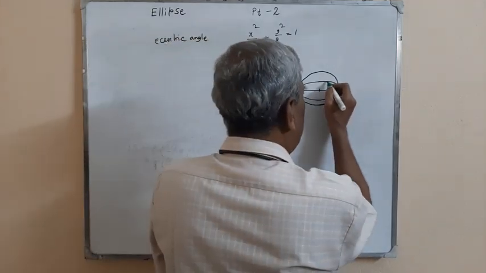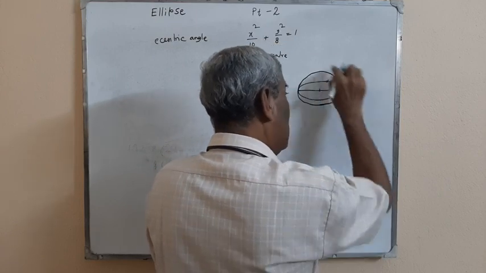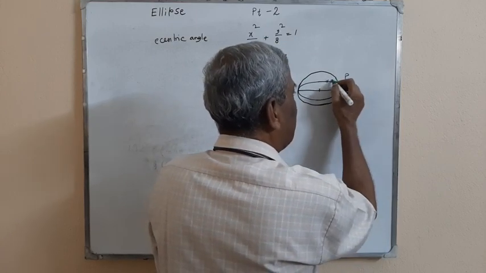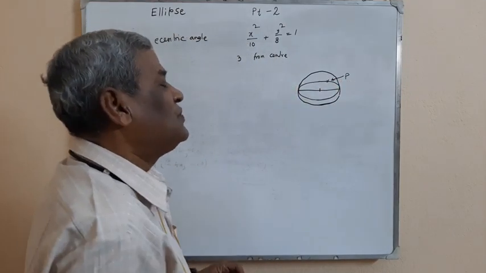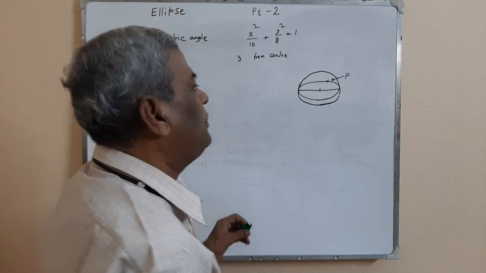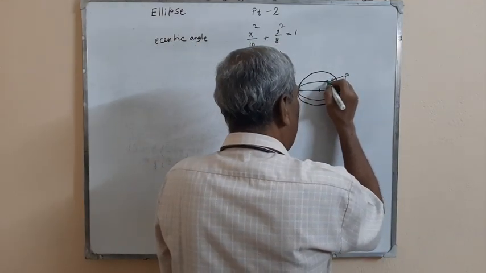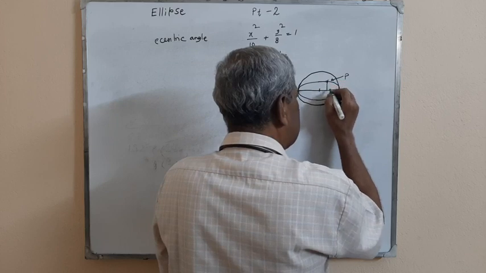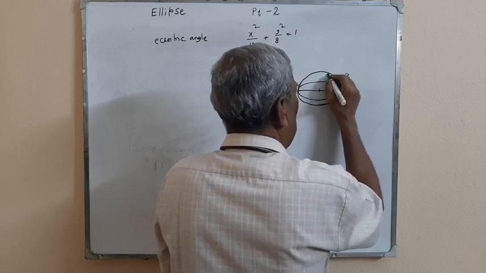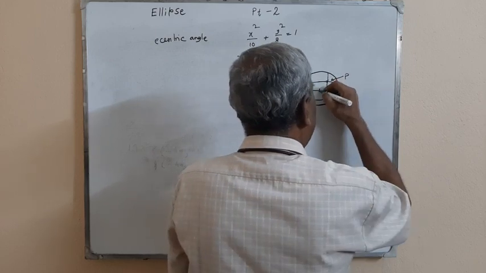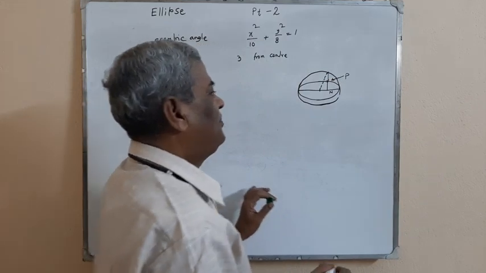Now suppose P is a point there on the ellipse, not auxiliary circle. For the eccentric angle of the point P, you draw perpendicular to axis, say it is PN, extend it up to auxiliary circle, then join the point with center.